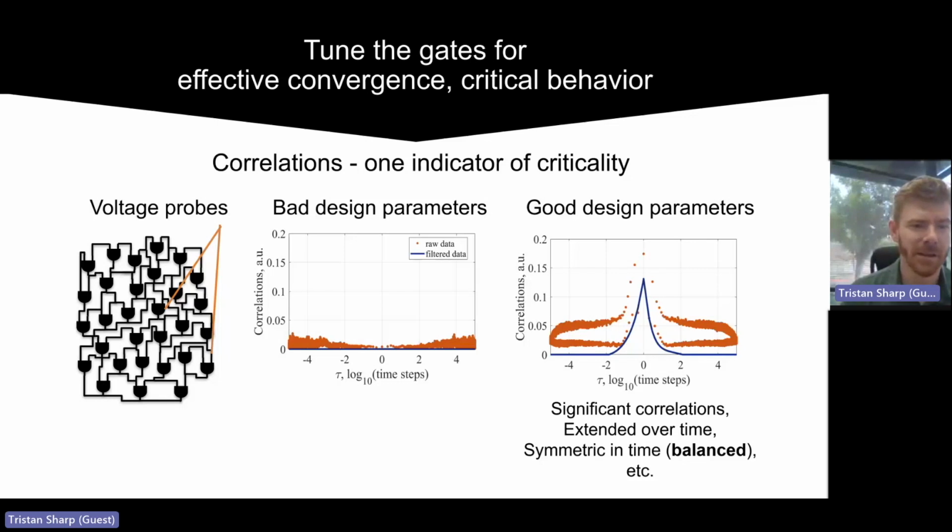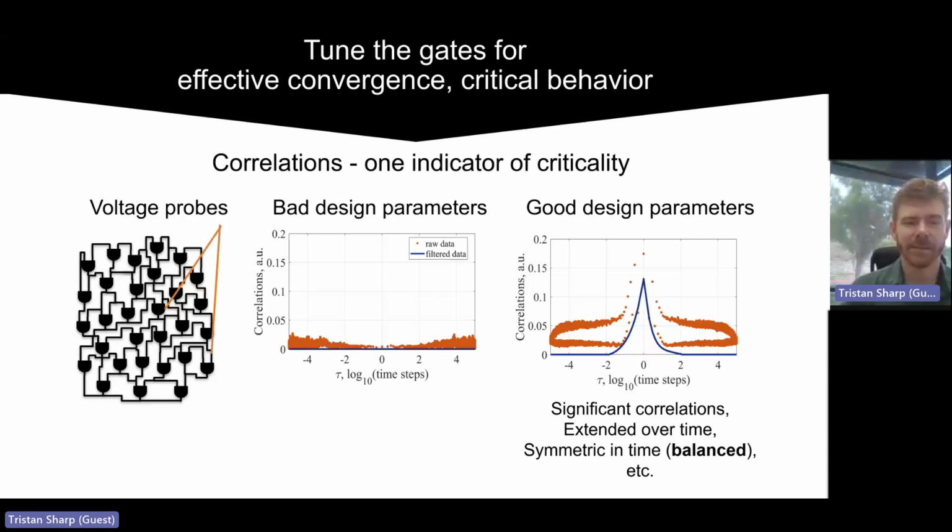So here's voltage correlations as a function of lag between the voltage signals. And you can see if you tune and you see no correlations, which is quite common because things are out of balance, then you're not communicating information through the circuit, and these do not work.